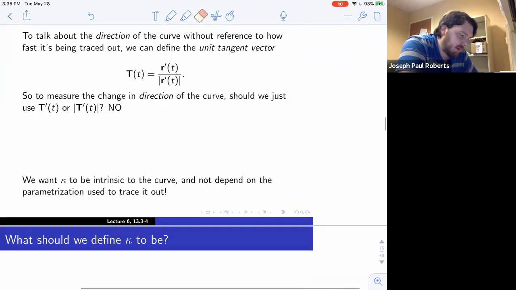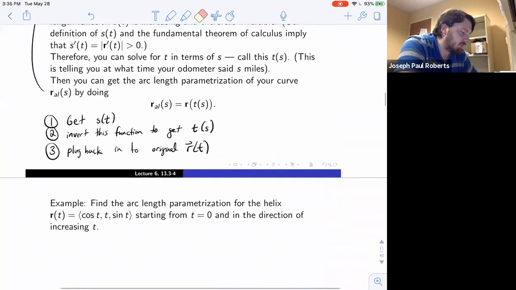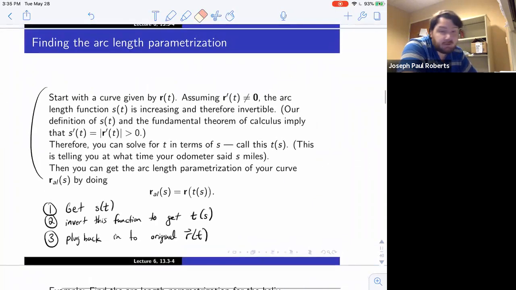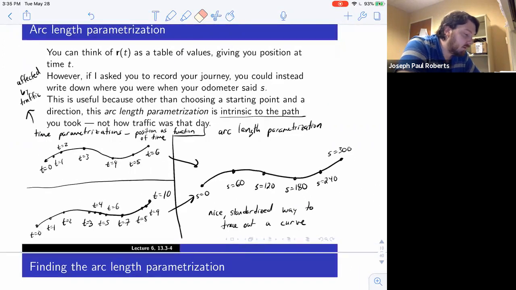But yeah, if you pick a random r of t, it's probably not going to have constant speed. And there are some things where we want constant speed, and this arc length parametrization is basically a way to accomplish that. We want to forget about traffic, right?